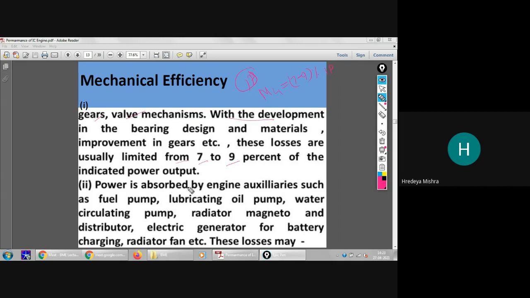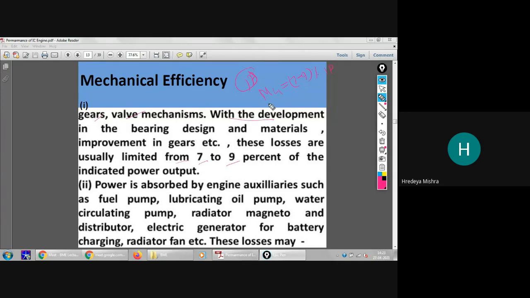Second, power is absorbed by engine auxiliaries such as fuel pump, lubricating pump, water circulating pump, magneto and distributor, electric generation for battery charging, and radiator fan. These are the auxiliaries.